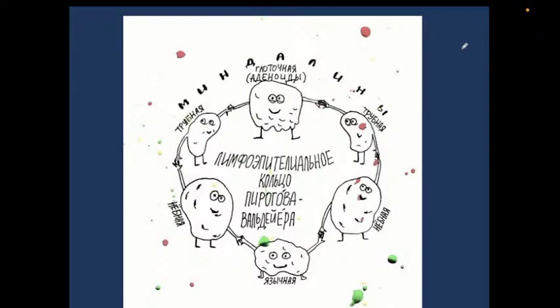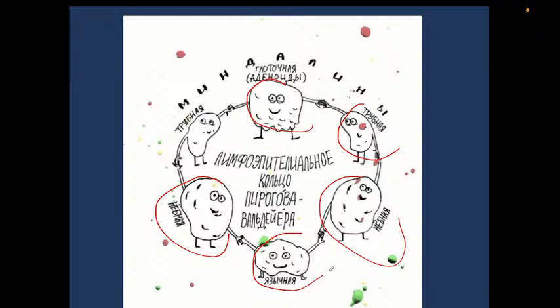And this is a funny picture with the lymphoepithelial ring. We call it the Pirogov-Waldeyer ring, and all of these small organs are tonsils: palatine, tubal, pharyngeal, and lingual. They hold each other by the hand.